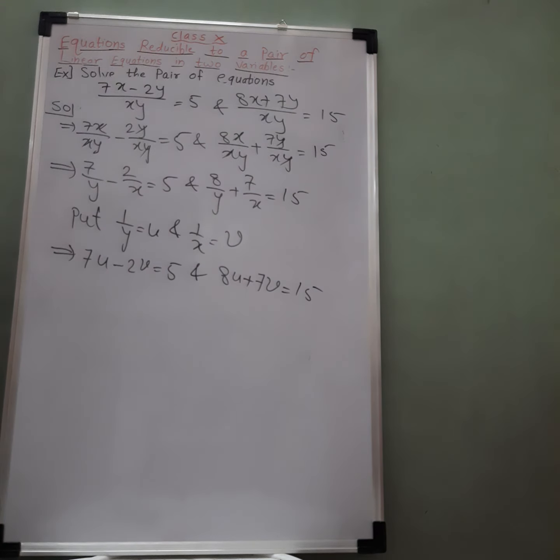Now all of you can easily solve it by any one of the methods: substitution, elimination, cross multiplication. Then you will get values of u and v. Then substitute those values of u and v here. Then you will get the values of x and y.